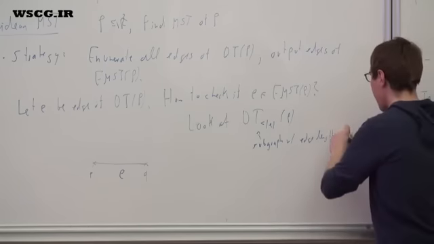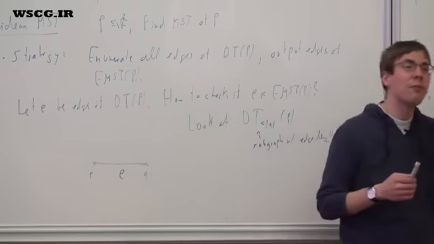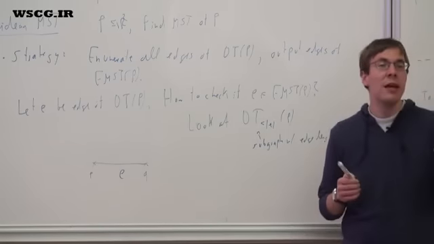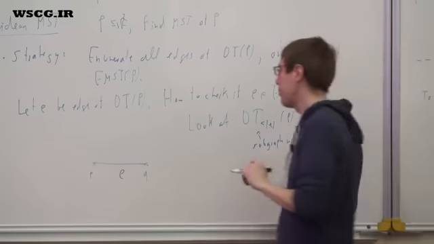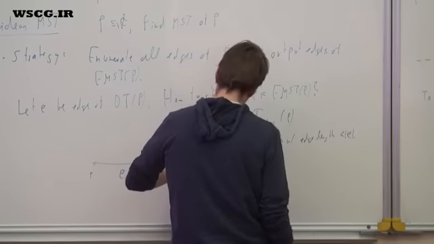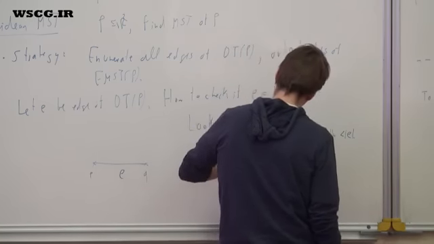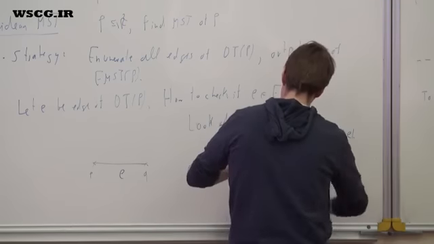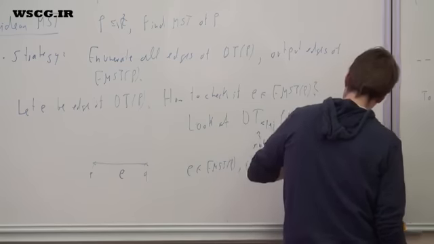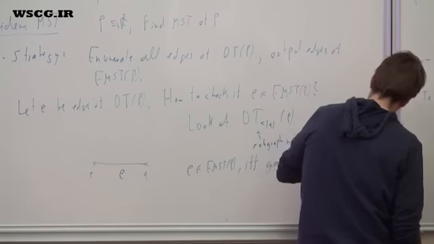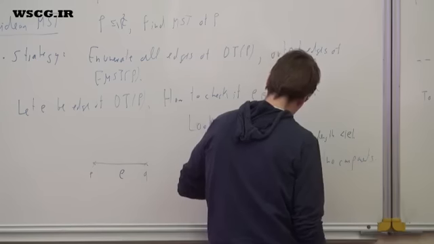Now I know that this edge E is part of the Euclidean minimum spanning tree of P if and only if it goes between two connected components of dt at most E of P. Do you all believe this?